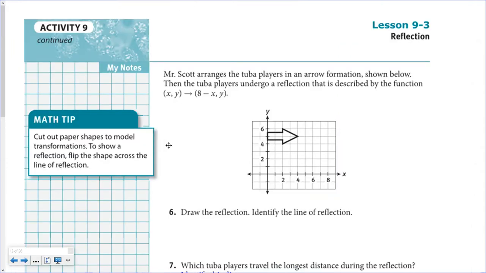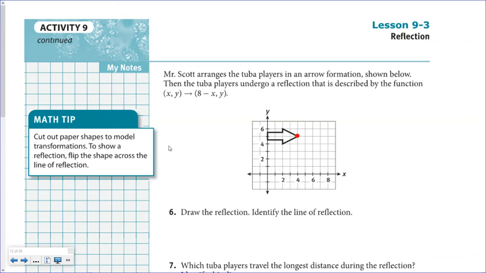We have Mr. Scott arranging the tuba players in an arrow formation as shown. Then the tuba players undergo a reflection that is described by this function. So without using patty paper, you can do this reflection. The easiest way to do this is going to be to pick some points on your arrow.